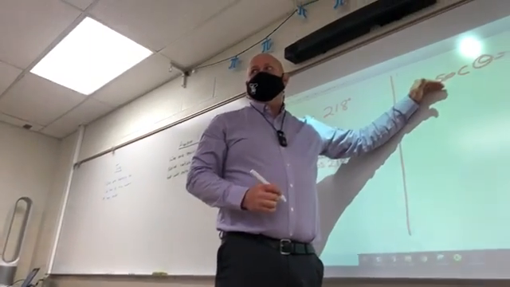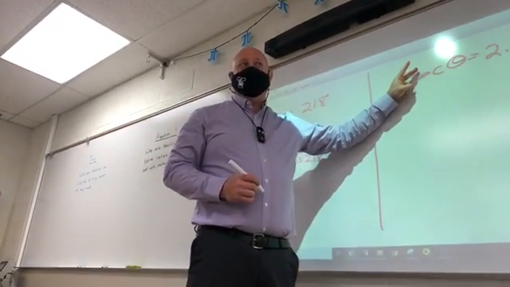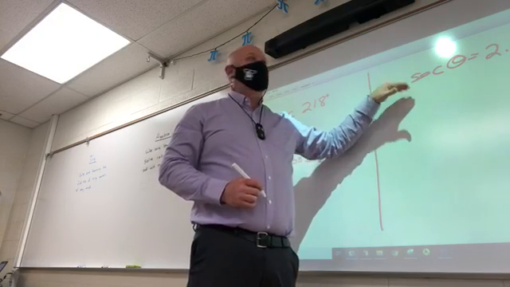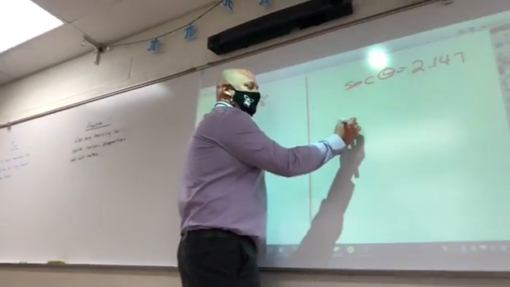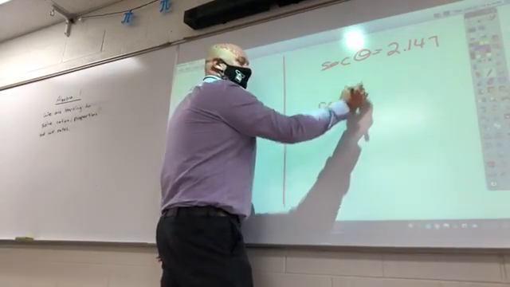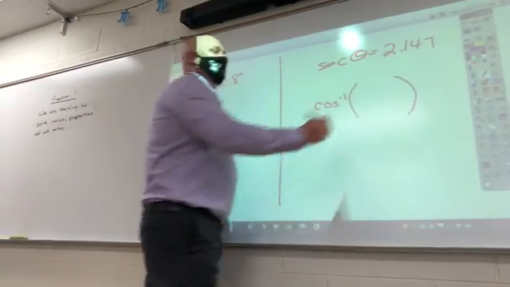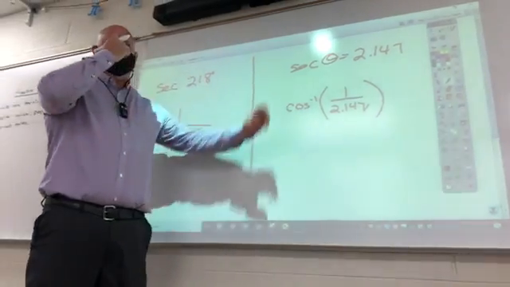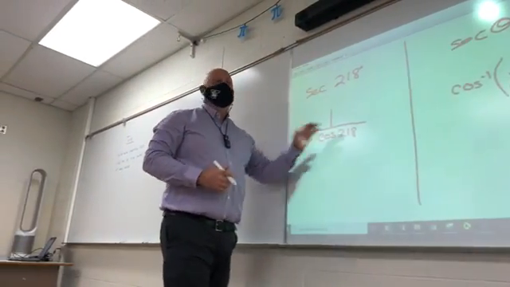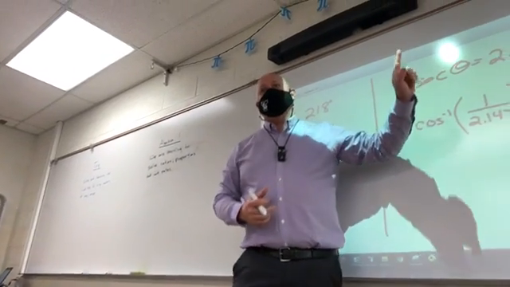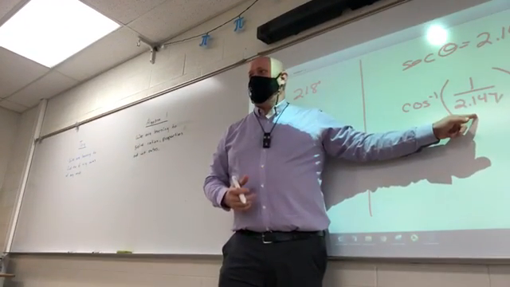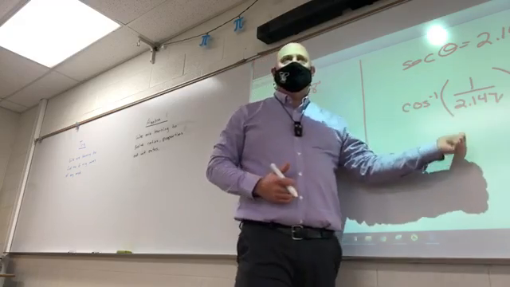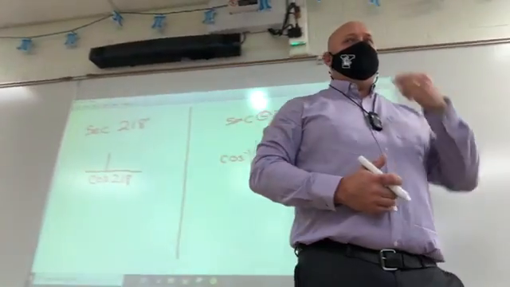How many answers are there to this? 2, and what kind of answers are there? They're angle measurements, right? So we're looking for 2 different angles where this is true. So what do I type in my calculator? Inverse cosine of 1 over. Remember, if it's a reciprocal function, you must take a reciprocal. If it's an inverse, the reciprocal goes on the inside. Make sense? And again, 2 answers, 2 different angle measurements.